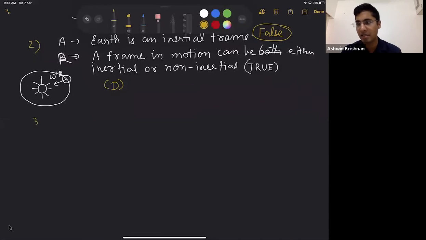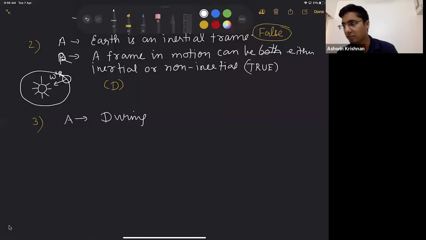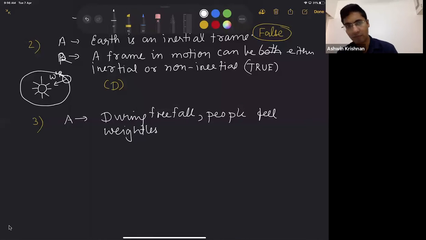One last assertion reason question. A: during free fall, people feel weightlessness because their weight becomes zero.